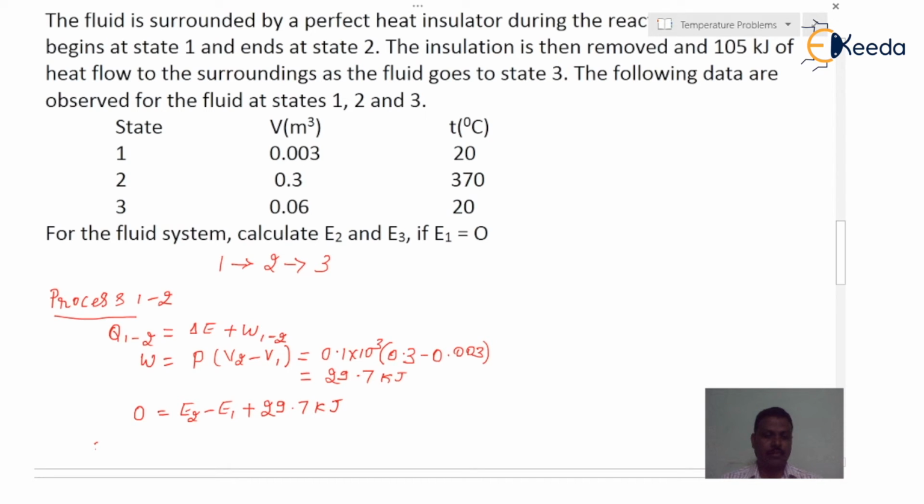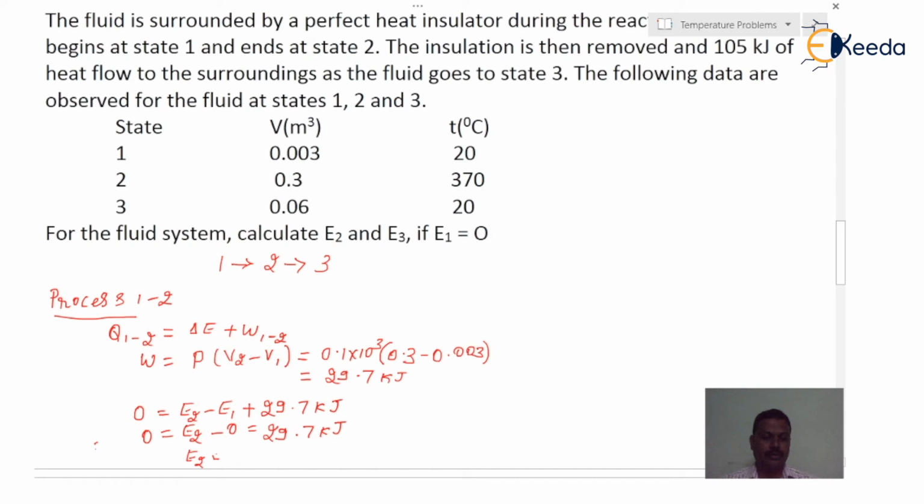I have taken plus 29.7 kilojoules because work is done by the fluid. As E1 is 0, as already given, E2 minus 0 equals minus 29.7 kilojoules. So the internal energy at state point 2 is minus 29.7 kilojoules.